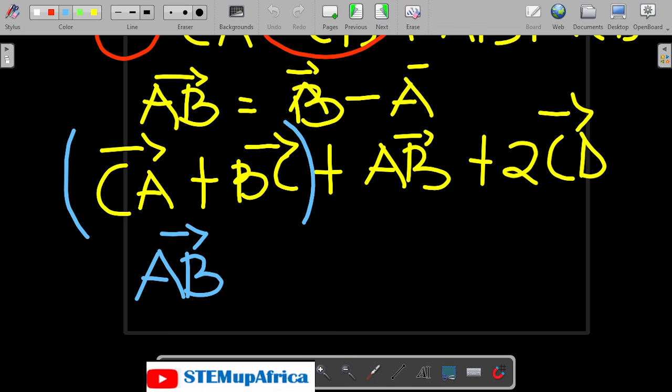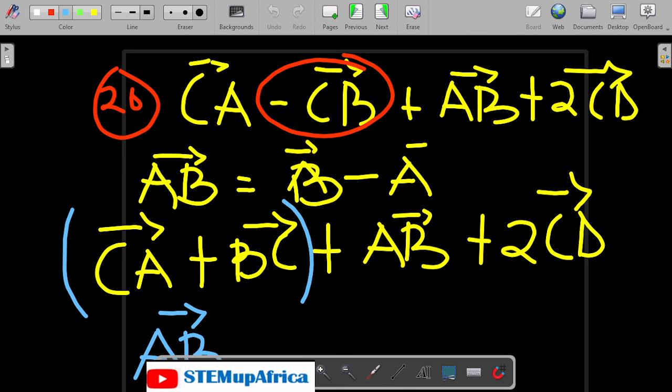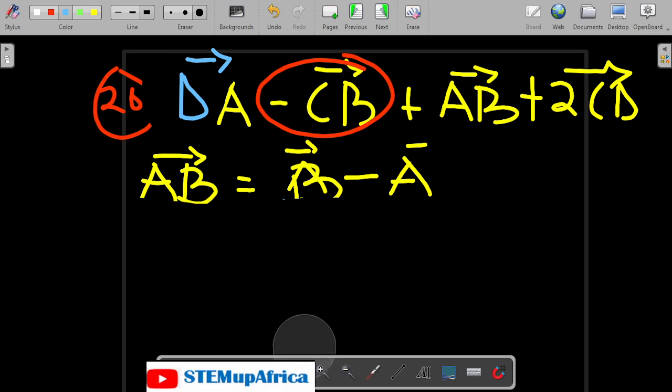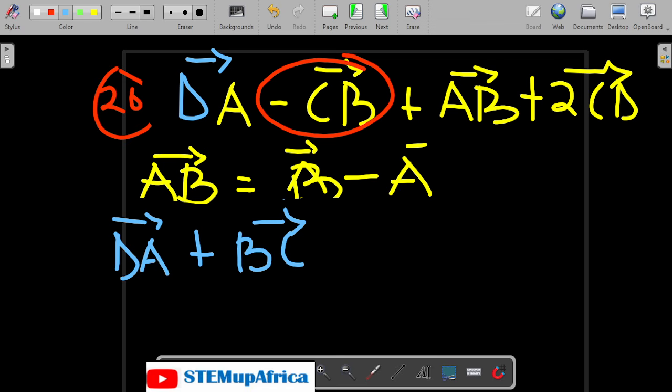I'm making a mistake already. First one is DA, not CA. So here ought to be DA from the question. That means we need to rewrite this. So we are having DA, here can be written as BC, then AB plus 2CD.